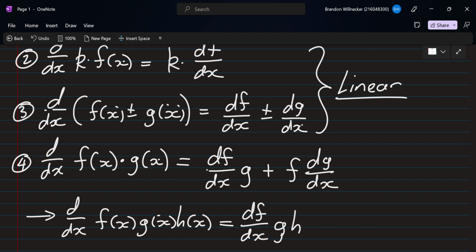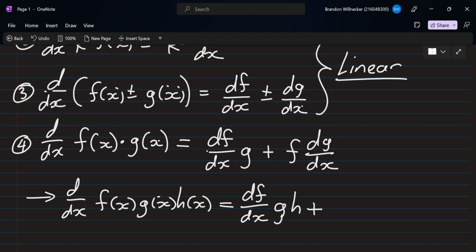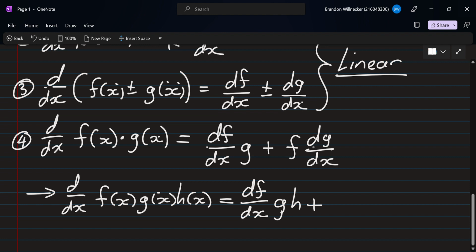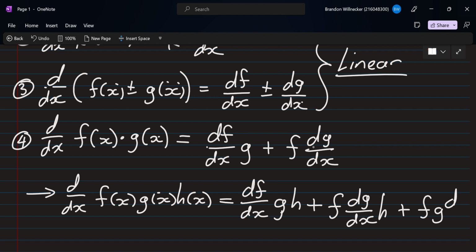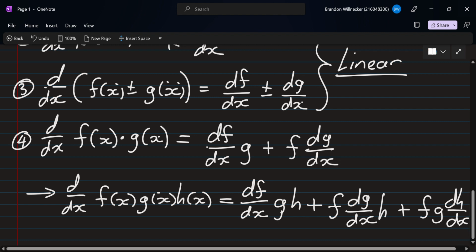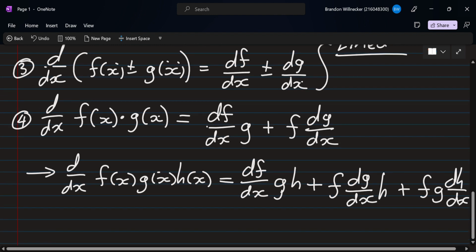So we have df by dx times g times h, plus, we apply the derivative to the second, leaving the others alone, so we have f dg by dx, we leave h alone. And finally, the last one gets to have the derivative, so it will be f g dh by dx. I'll leave this as a homework exercise to prove.